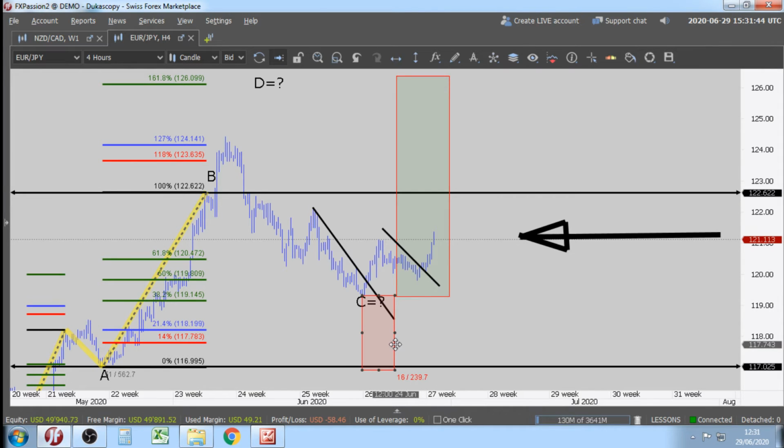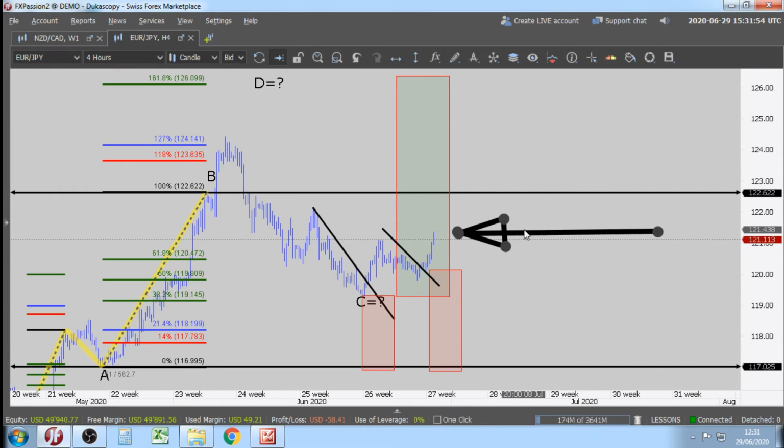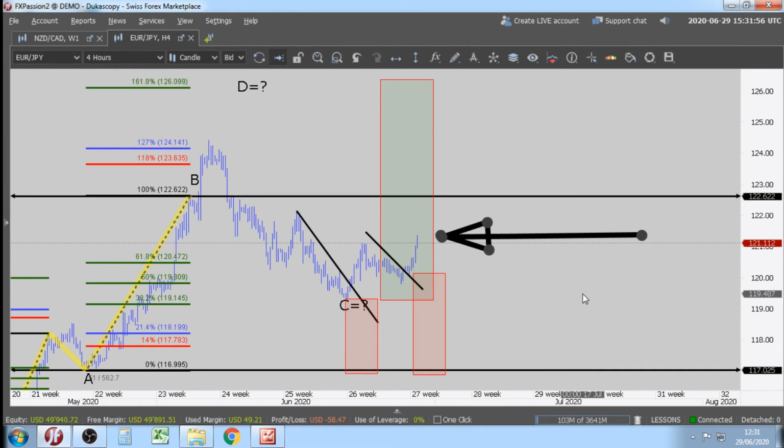I know that I'm going to have a different risk reward if I enter here, but why can't I enter here? Teacher, the market is moving, let's jump.